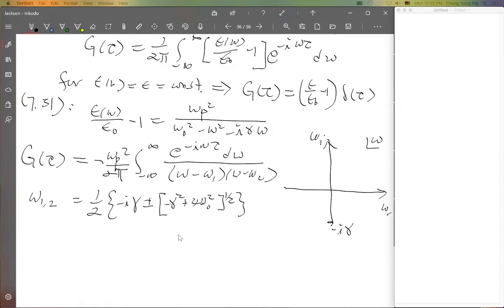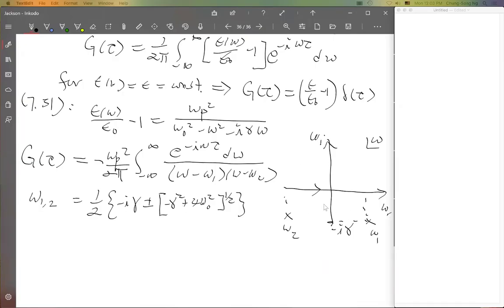So you have two poles, omega 1 and omega 2, and they integrate along the real axis. All right, that's the setup of this integration.